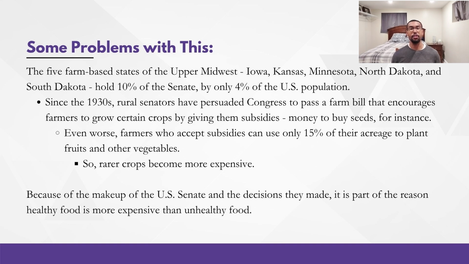Because of the makeup of the U.S. Senate and the decisions they make, it is part of the reason why healthy food is more expensive than unhealthy food. So, based on this information, the Senate's equal representation design is unfair. Originally, it was supposed to help balance the political voices of small states to be on a similar level with large states.